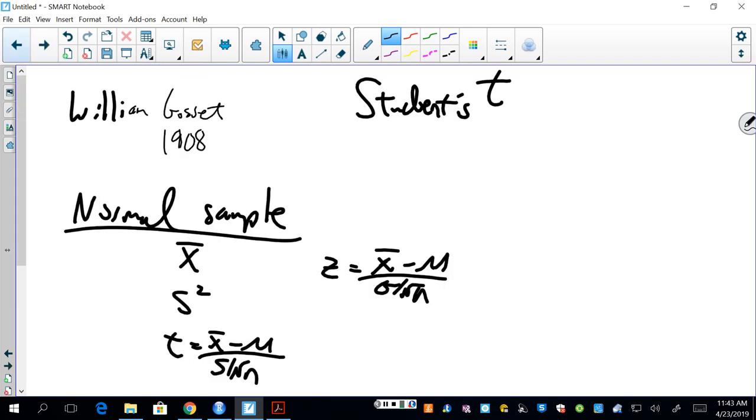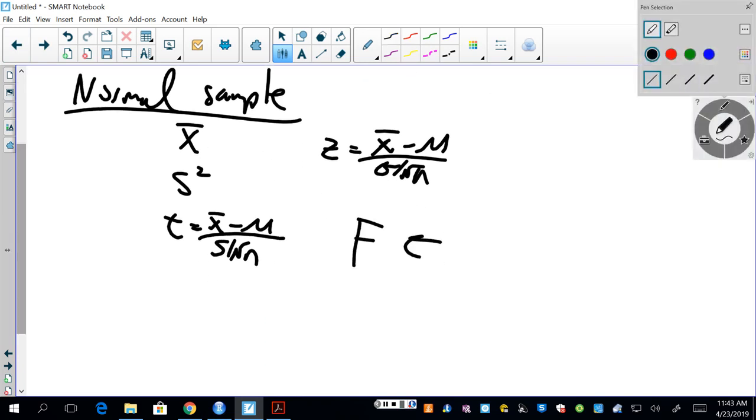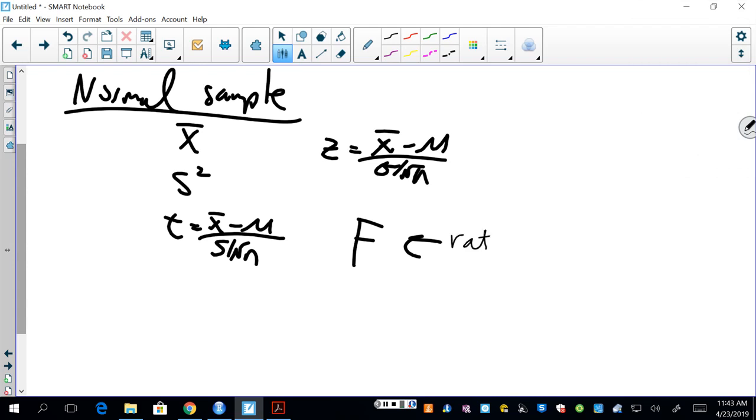There's one other that gets used that we'll call an F distribution, which is really a ratio of variances. So if you have 2 independent samples and have 2 separate variances and took their ratio, you get something called an F distribution.